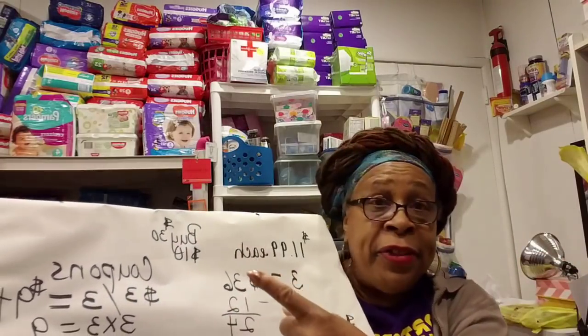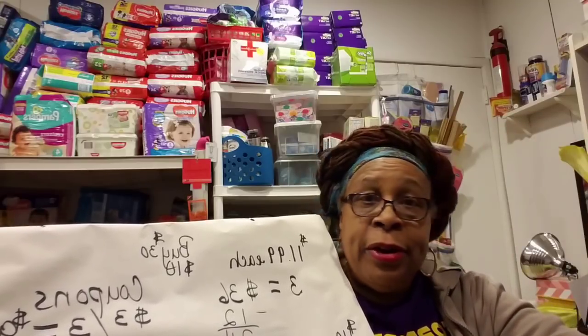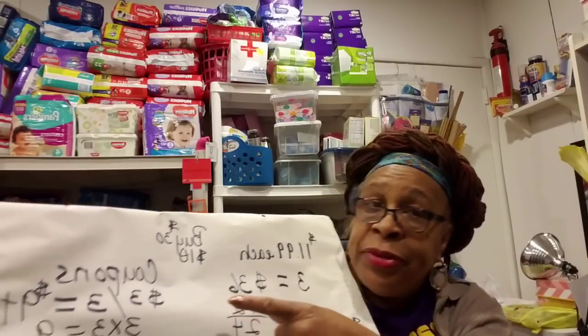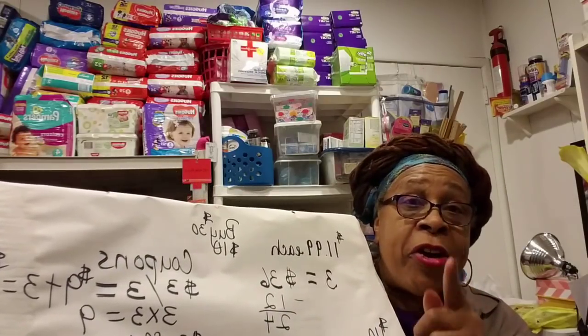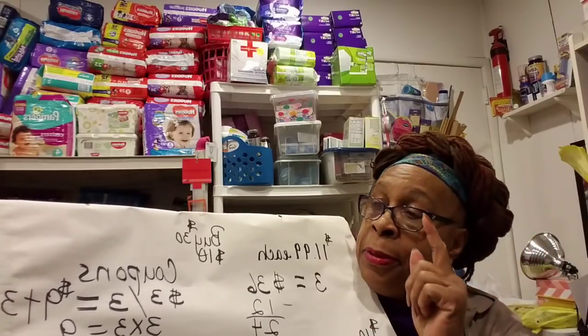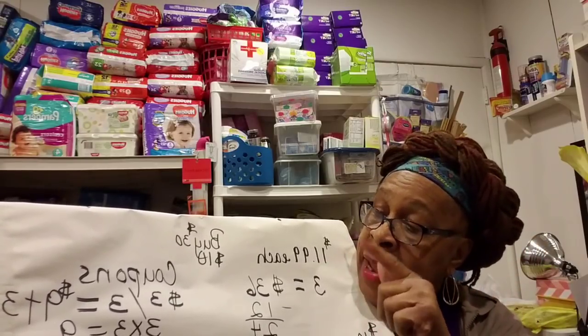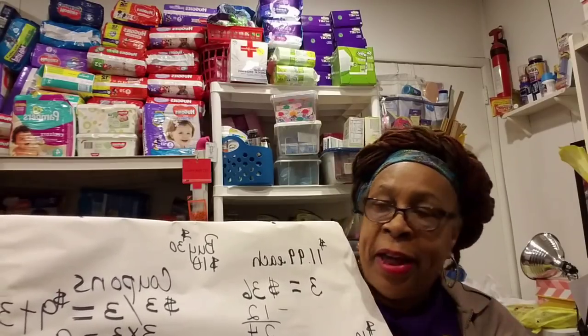I had 3 of them, because I had 3 products, which equals $9. Then I had a CRT, which equaled $3, because it said when I buy $18 worth, I'm going to get an additional $3 off.